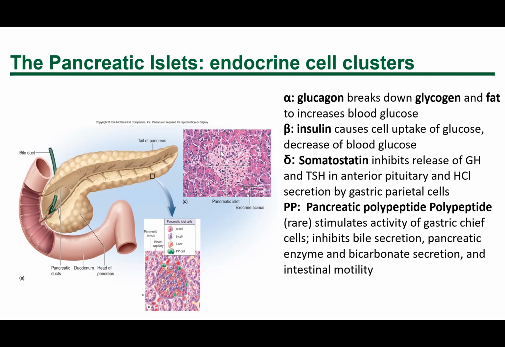Insulin is probably everybody's most familiar hormone here. And this is secreted by beta cells. These cause uptake of glucose, so they cause blood glucose to drop. This is reason numero uno why it's very important in a medical setting to be careful with insulin administration, because it's a very, very effective way to drop blood glucose, and it's possible to put someone into a coma by misusing insulin.